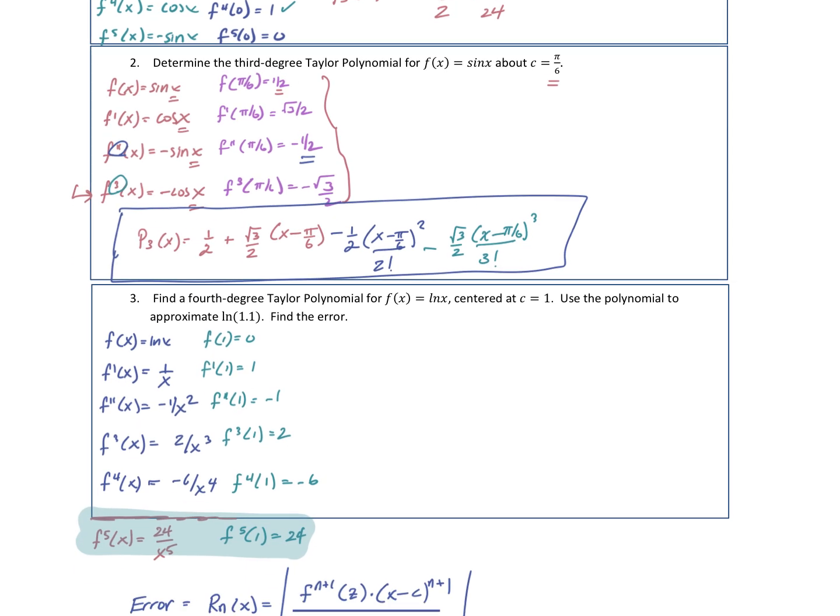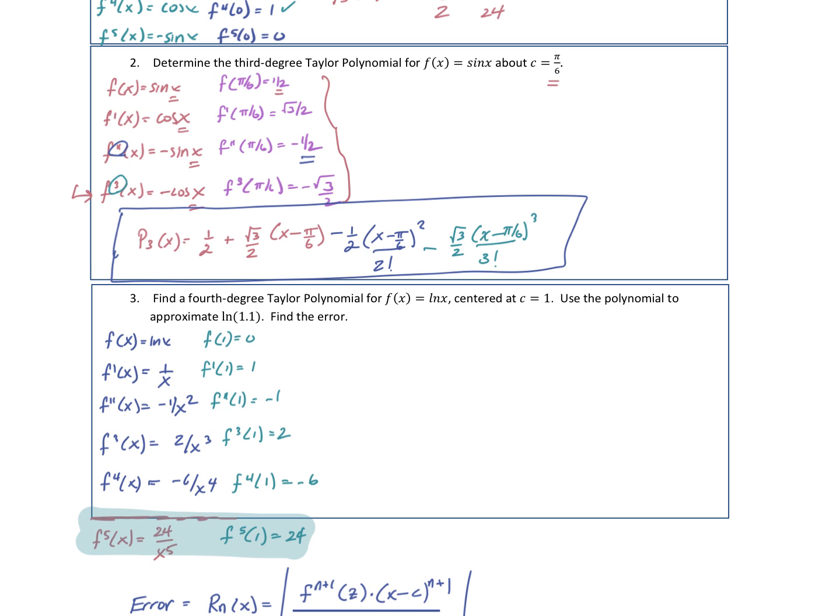All right, for number 3, ln of x centered at 1, approximate, and then find the error. So we will address the error in this question. So we start with the function. Again, I derived it. Remember, derivative of ln of x is 1 over x. So whenever you have to find error, you want to find the next derivative.